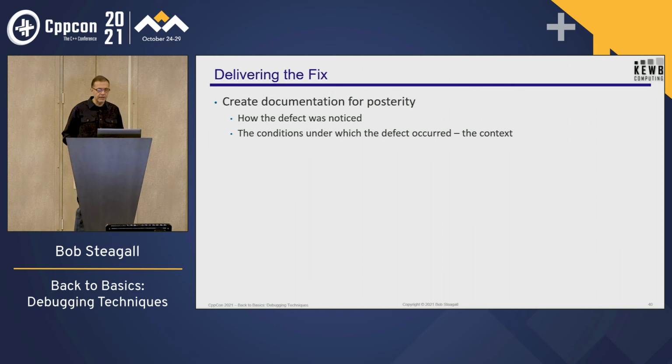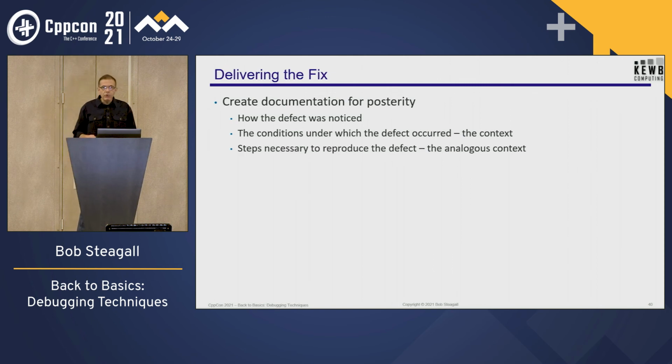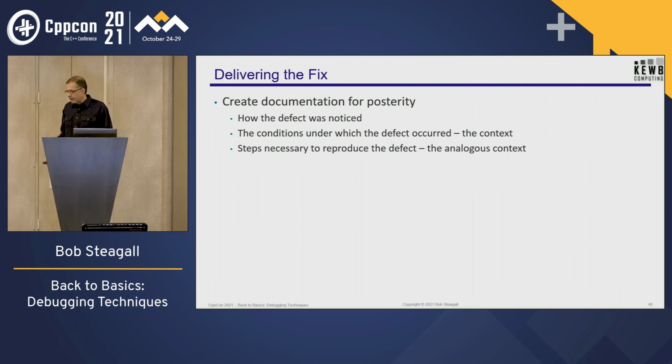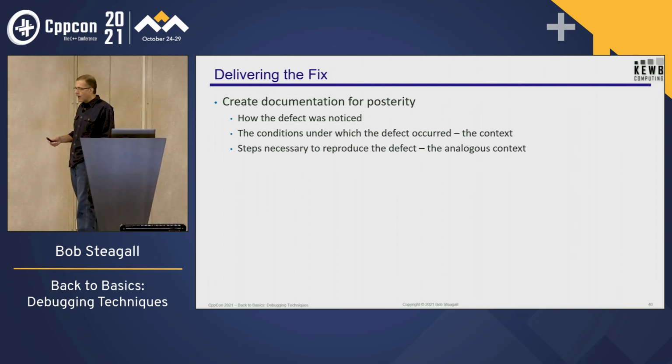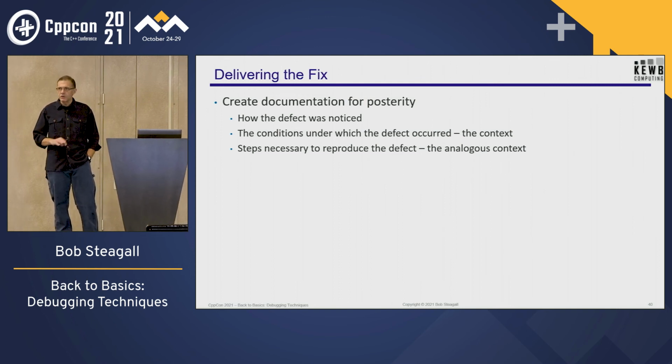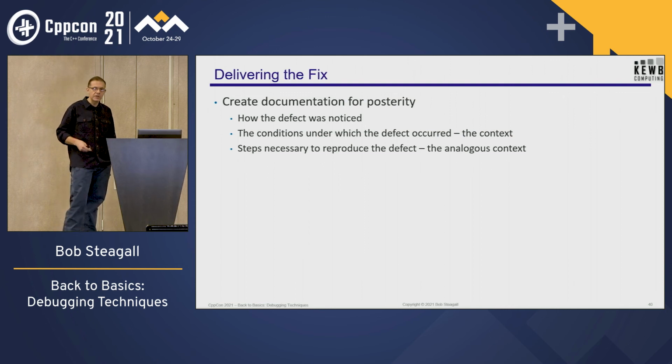What was the context? What were the steps necessary to reproduce the problem? I've read countless tickets where there was a problem and the ticket said, the problem is fixed, no description of what was done, no description of how to reproduce the problem. So if this had to be reopened again, whoever's looking at it the second time has to go through all the work that the first person did.